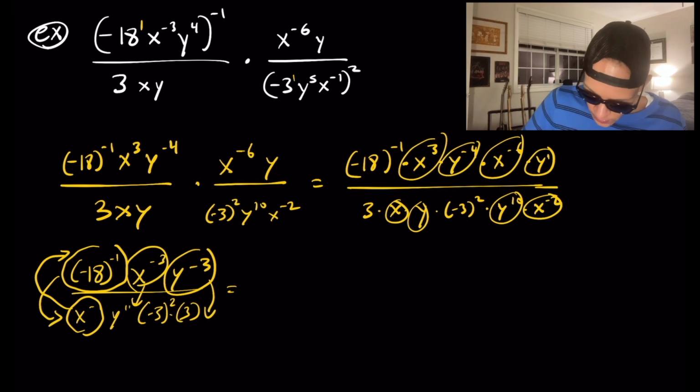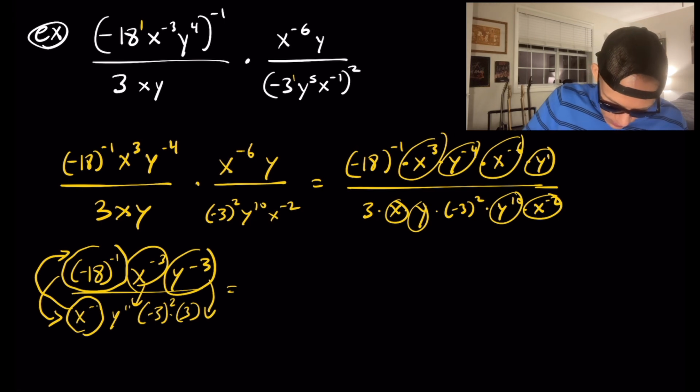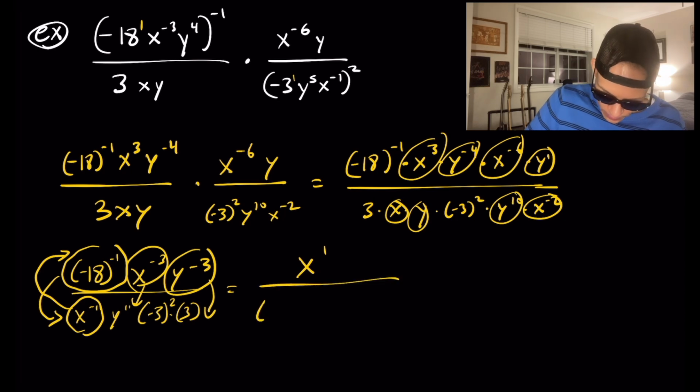So up, let's see, here was next to the negative 1. So that's going to be our only thing in the numerator now, x to the 1st over, I'll have negative 18 to the 1st times x to the 3rd, y to the 3rd, y to the 11th, negative 3 squared, and 3.